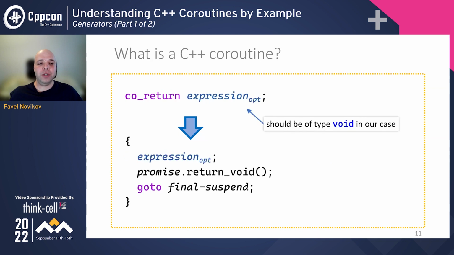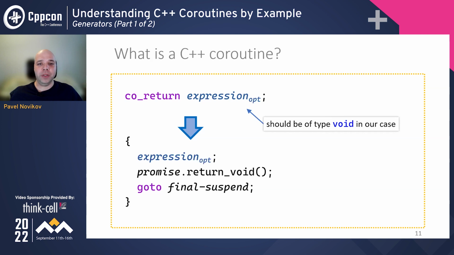The next piece of magic is co_return, and co_return is transformed into this construction. We have an expression as its own statement. Then we have return_void called on the promise object.